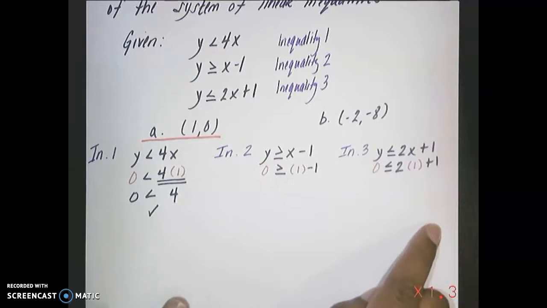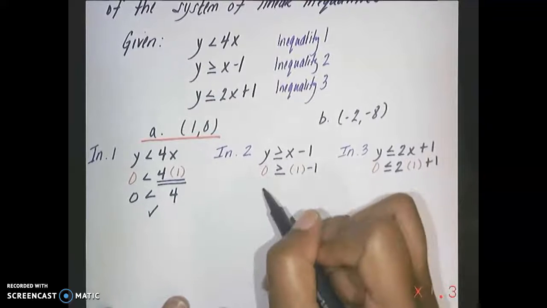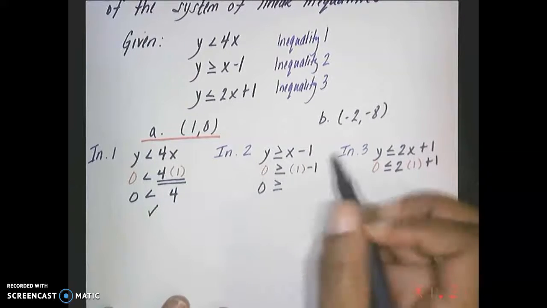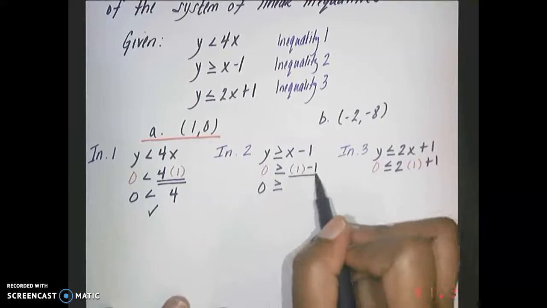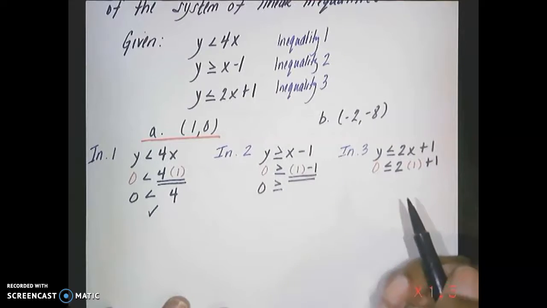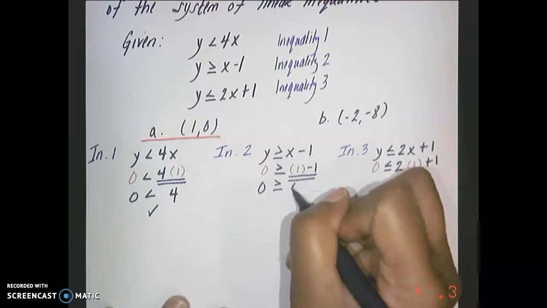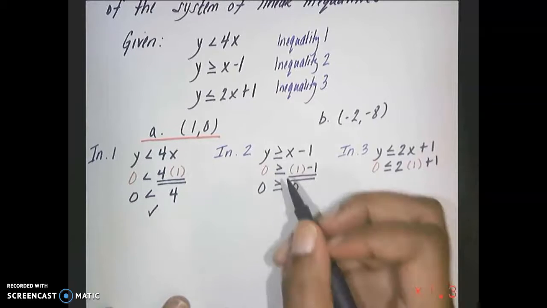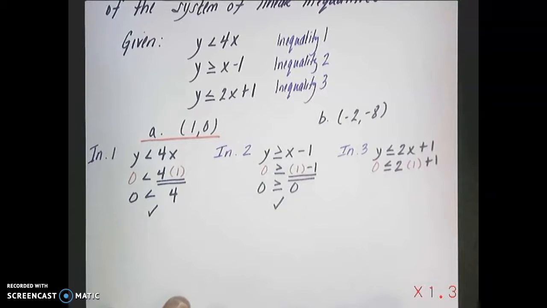So here we have 0. We're not doing anything with that, and we have to see if that's greater than or equal to what happens when we subtract 1 minus 1. 1 minus 1 is 0, and 0 is actually equal to 0. So this works out. That's true.